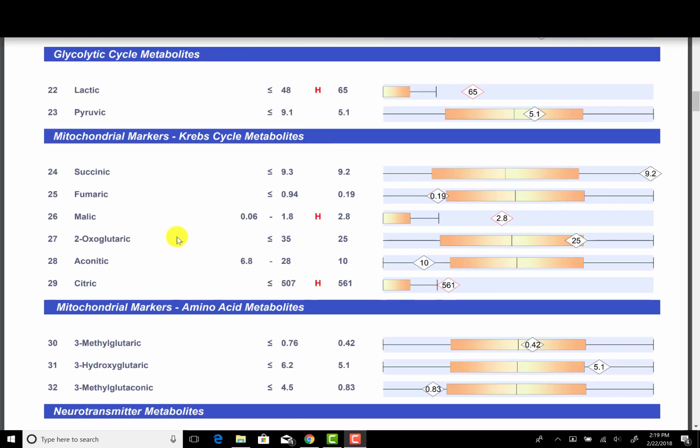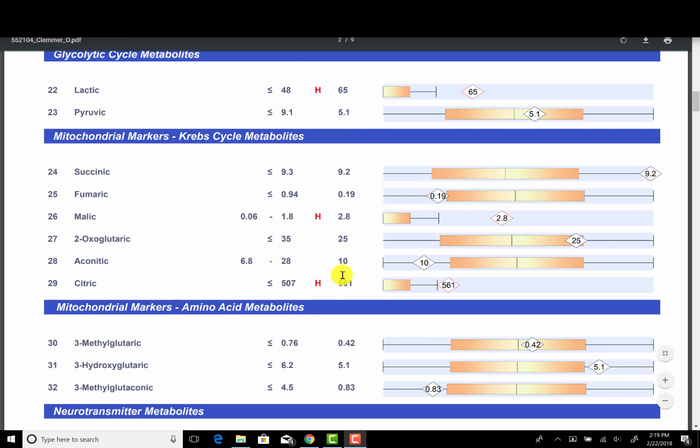Well, the problem is she can use energy. She can use glucose as energy, but as soon as she starts switching over to amino acids, these Krebs cycle markers, and fatty acids, she can't utilize those for energy. And that's being picked up here on this organic acid test, that her mitochondria just aren't efficient at burning energy effectively.